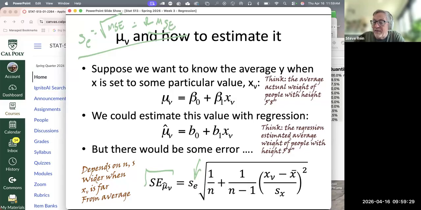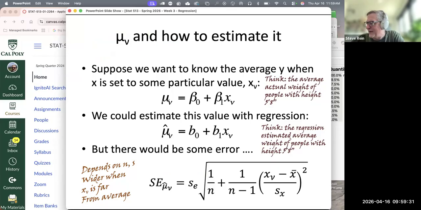There's one last term here, and that is that third thing, and it's literally what x are we talking to compared to the average x and the standard deviation of the x's. Inside this root, we have the deviation of this x from the average x expressed in number of standard deviations of the x variable.